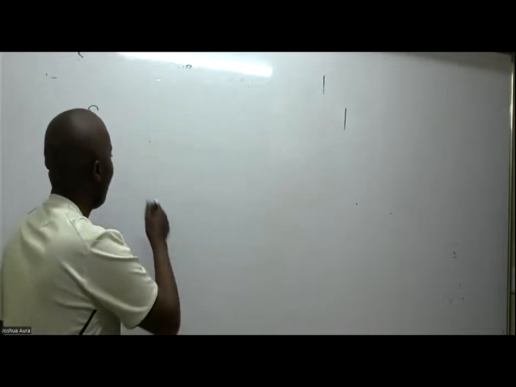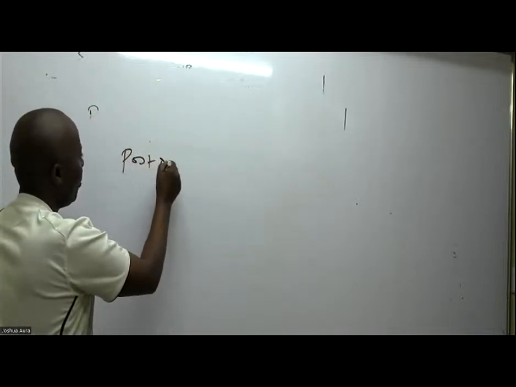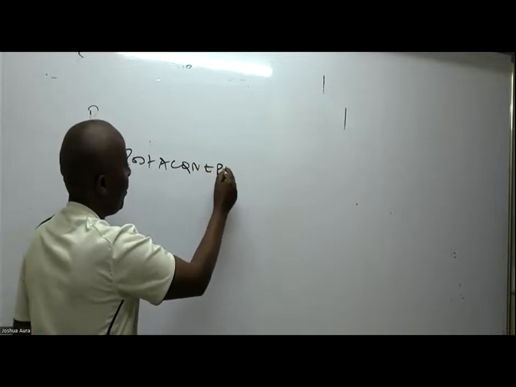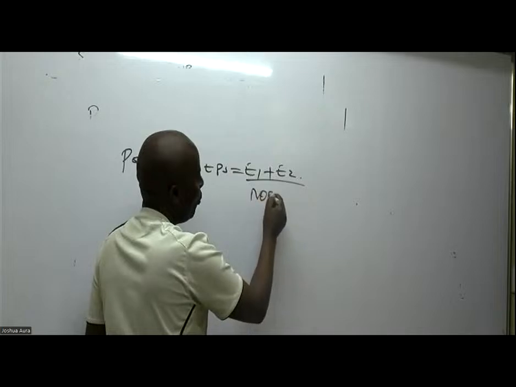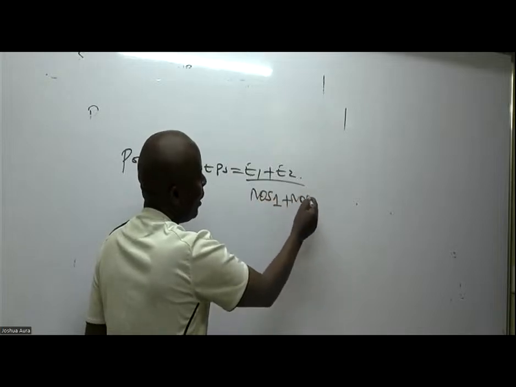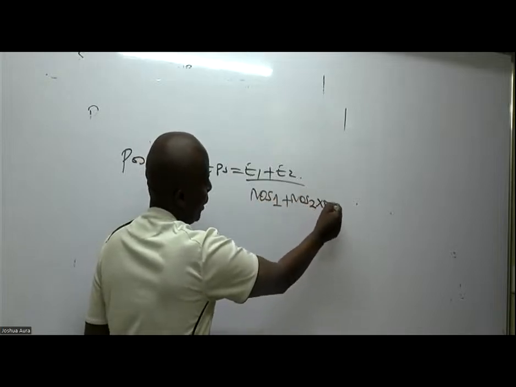This is very easy. Post-acquisition EPS is earnings of company one plus earnings of company two, all over the number of ordinary shares of company one plus the number of ordinary shares of company two times the exchange ratio.